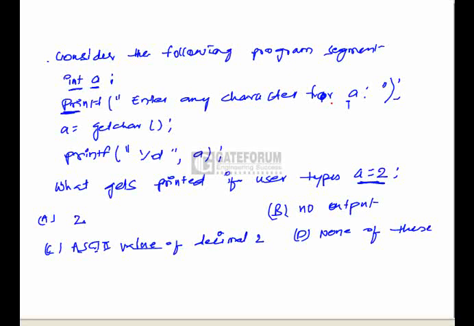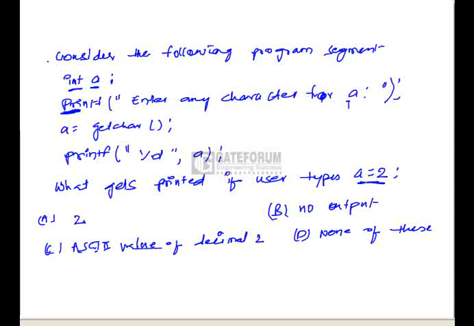A program segment is given and we have to find the output of the program segment. Here A is declared as an integer variable, and if we execute this program, because of the first printf statement, "enter any character" would be displayed on the screen.